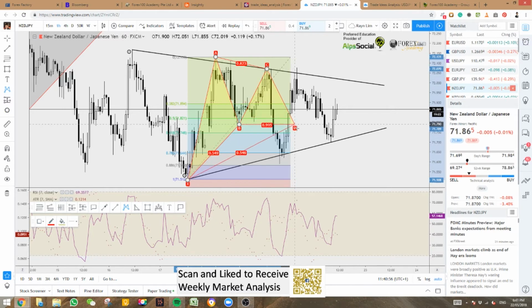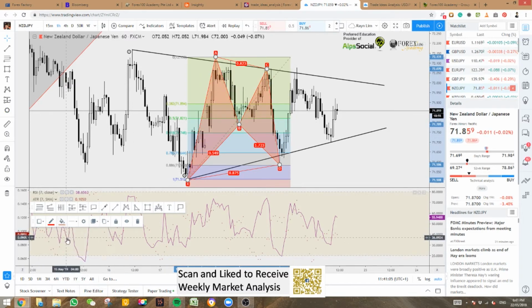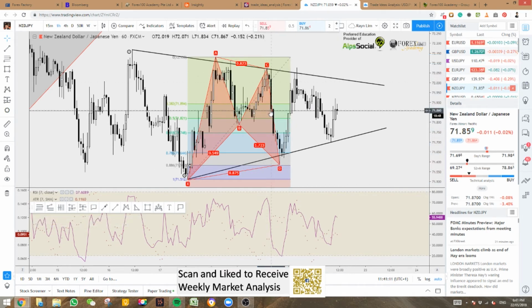Alright, see how nicely it touches the price and went up to profit. This is a bad pattern, was a bad pattern. Alright, isn't that beautiful? Okay, so always remember to set rules and to set conditions for yourself.